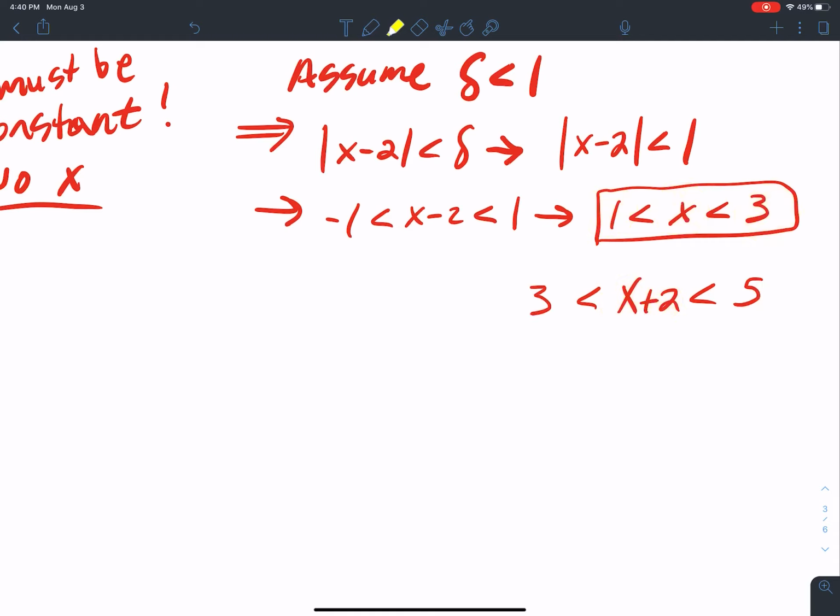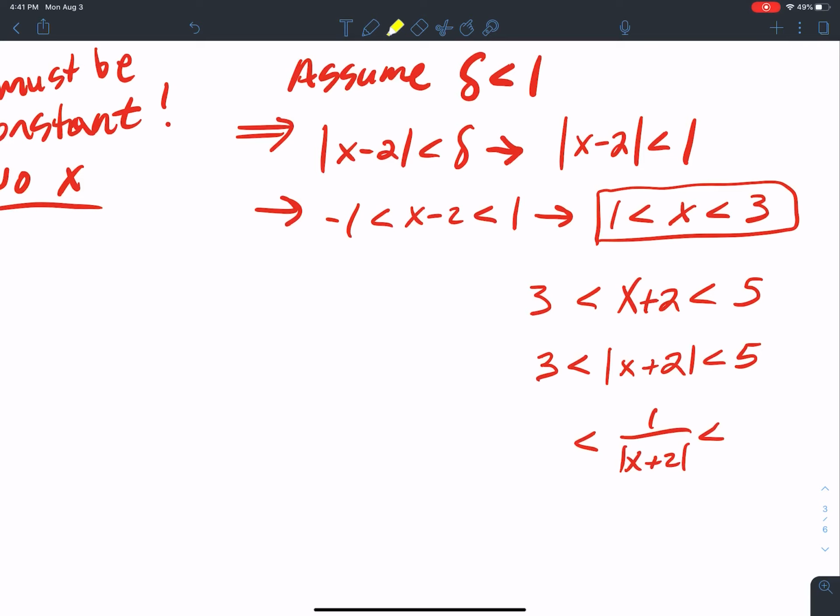And if I do that, I get 3 and 5 here. Okay? Now, what do I know? I know that x is stuck between 1 and 3. So if I add 2 to this, it's going to be positive. So if I take the absolute value of this inside, it's still the same thing. There's no effect on that. Okay?